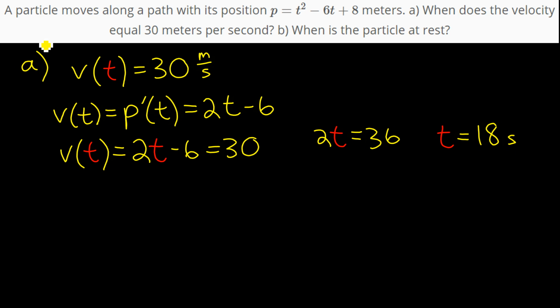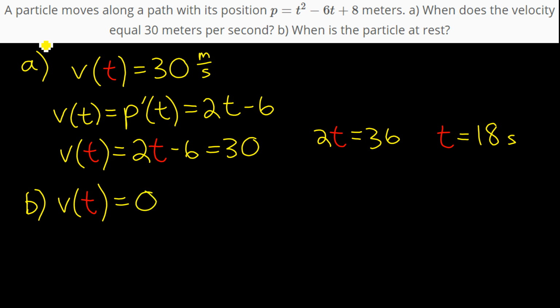Okay, and part B says, when is the particle at rest? So remember, we talked about that before. When it says that the particle's at rest, that implies that, and again, it's asking when, it's saying, when does my velocity function equal 0? Okay, so we've got our velocity function already.